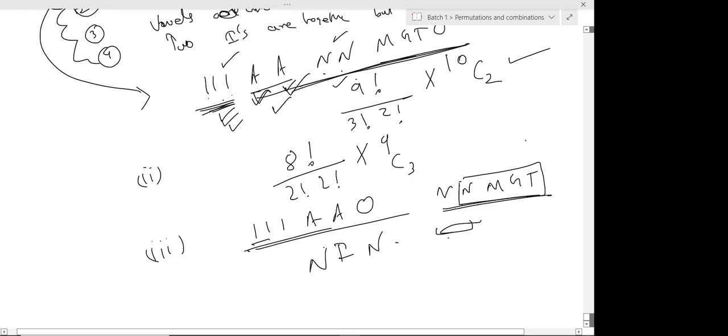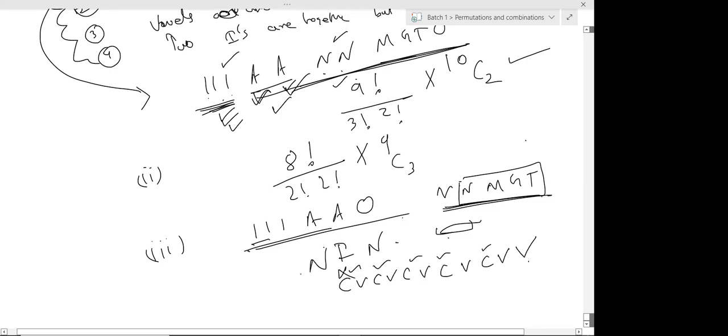Is it clear? If I start with the consonant, then vowel, consonant, vowel, consonant, vowel, consonant, vowel, consonant, vowel. I have 5 consonants, so 5 consonants are done. But I have 6 vowels. That means I have to write like this. So I cannot start with a consonant. I have to start with a vowel.